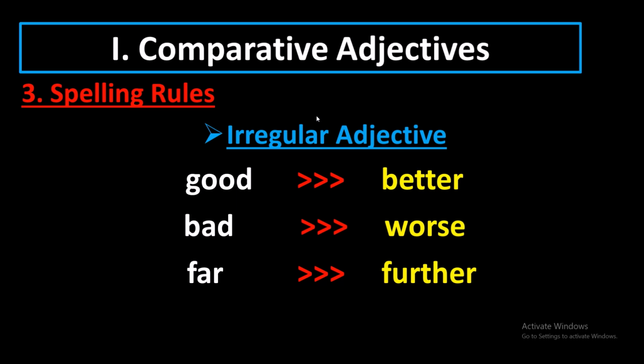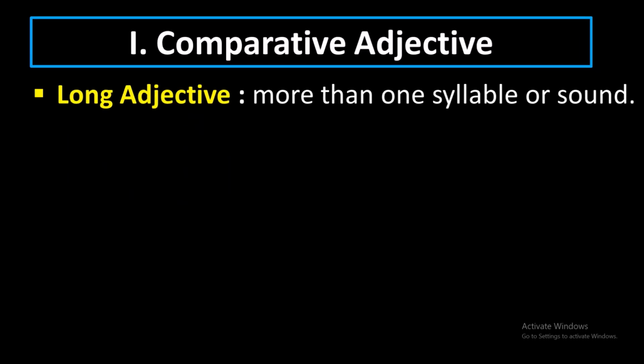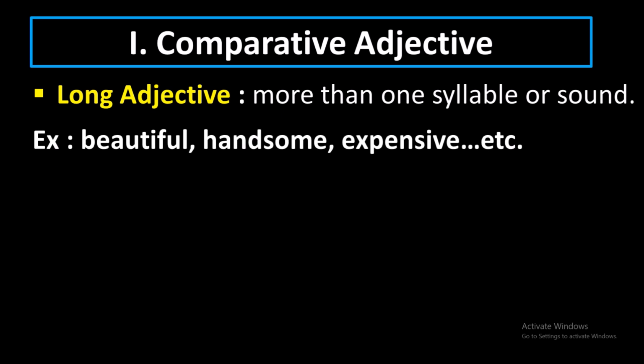Okay, let's move on to another one. Now we go to long adjectives. Long adjective means more than one syllable or sound. So we use long adjectives to compare people and things, the same as short adjectives, but this time the sound is more than one.